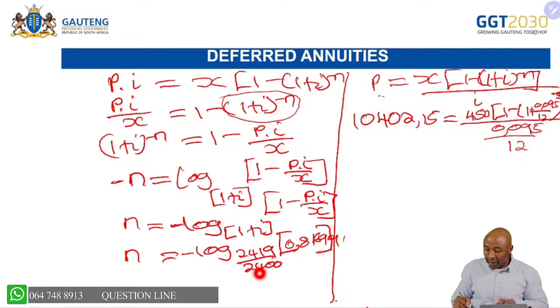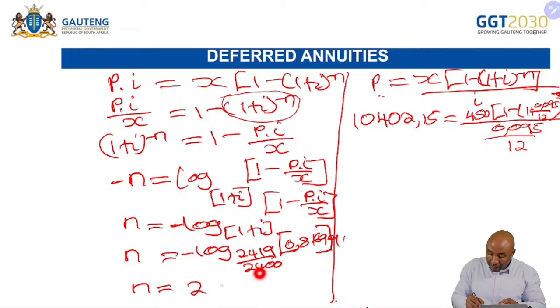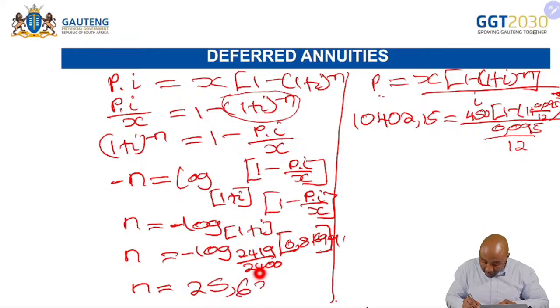You press the answer there, and depending on whether you moved your negative to the left or it's still on the right hand side, if you have moved your negative sign, this becomes a positive answer of 25.63 payments.